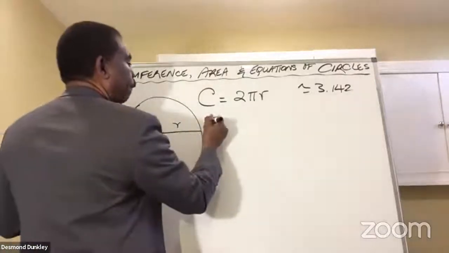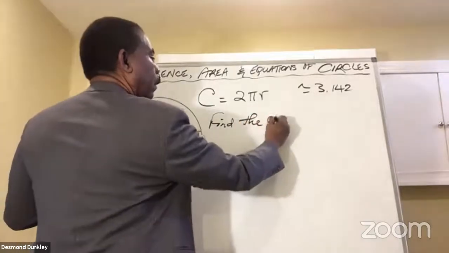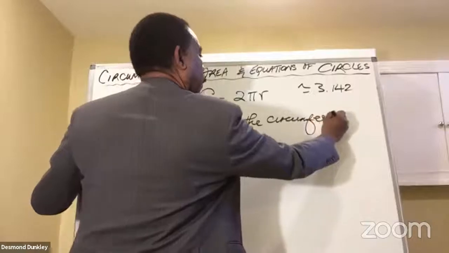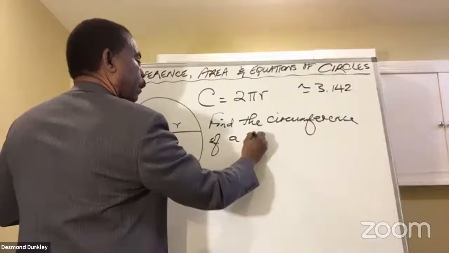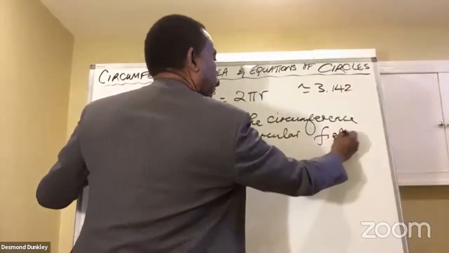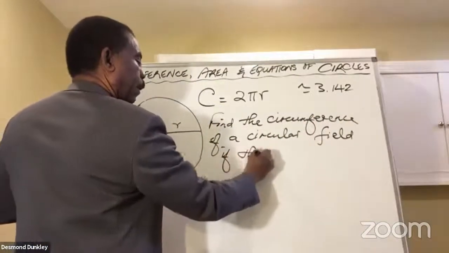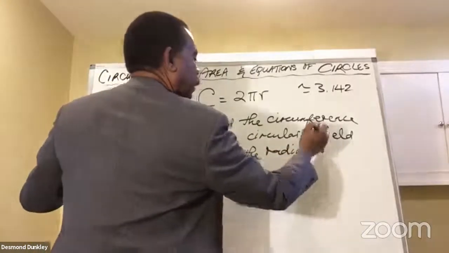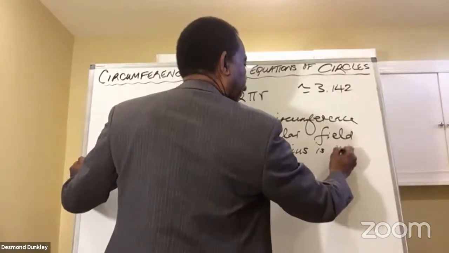Example, find the circumference of a circular field if the radius is 40 meters.